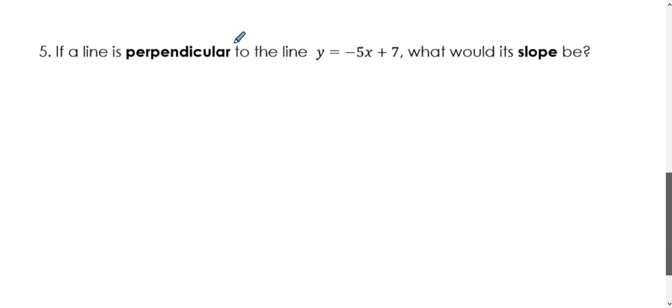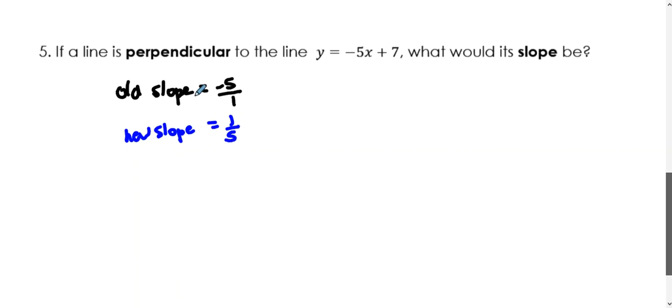If a line is perpendicular to this, what would be its slope? Well, right from here, we know that the old slope is equal to negative 5. And I'm going to put this over one because it just allows us to do the reciprocal real easy. So now our new slope has to be 1 over 5 because it has to be a negative reciprocal.